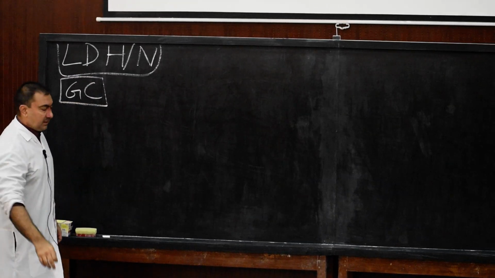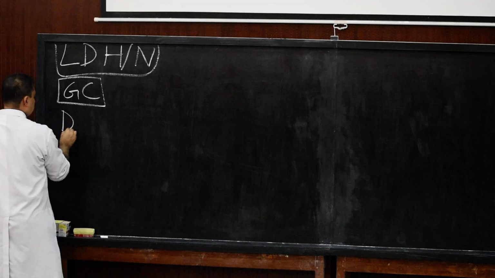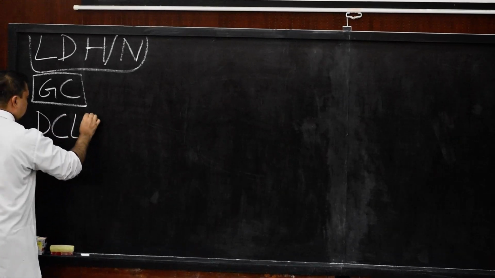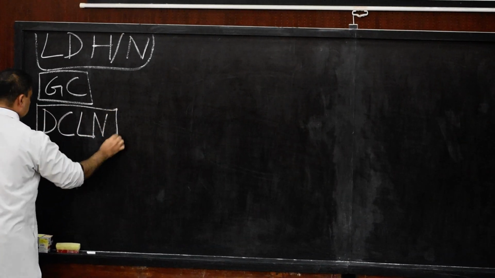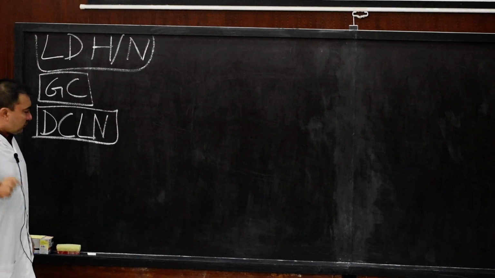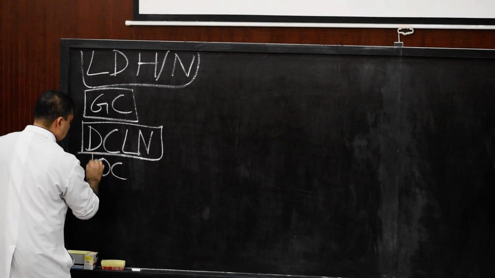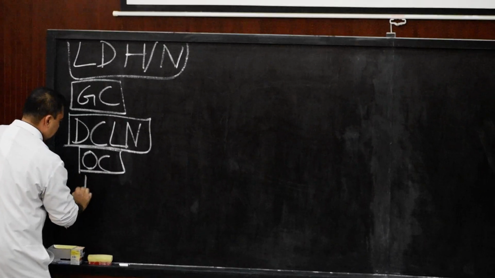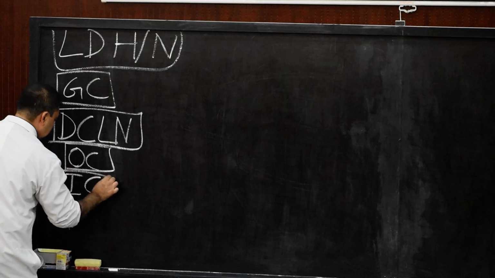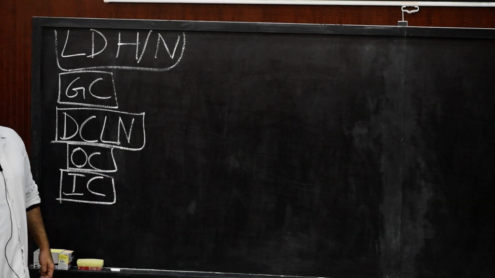There is introduction. Then we discuss the deep cervical lymph nodes. After that, we will discuss the outer circle of lymph nodes. Then we discuss the inner circle of lymph nodes.